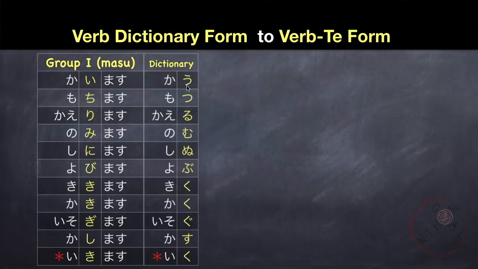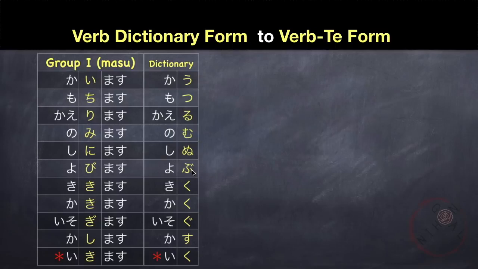All you have to do is change the I line into U line. For example, kaimasu becomes kau. Mochimasu becomes motsu. Kaerimasu becomes kaeru. Nomimasu becomes nomu. Shinimasu becomes shinu.